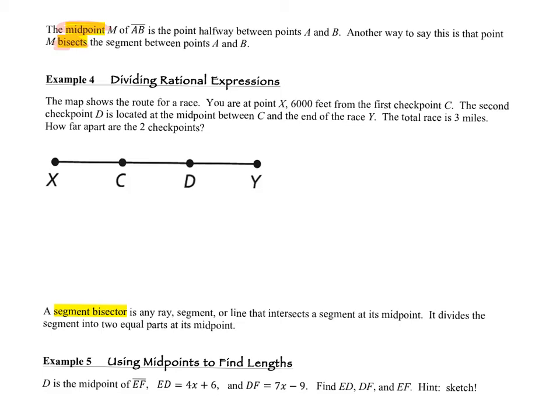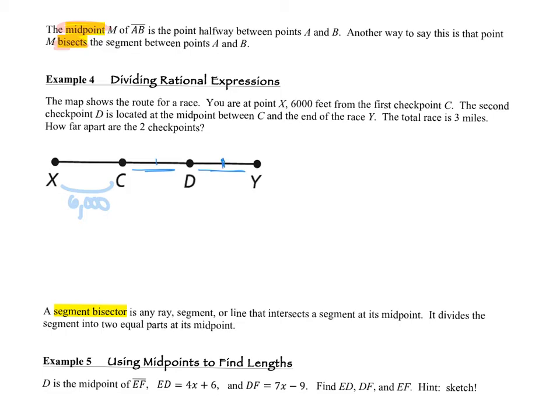Example 4. The map shows the route for a race. You are at point X, 6,000 feet from checkpoint C. The second checkpoint, D, is located at the midpoint between C and the end of the race, Y. So if D is the midpoint, then it's creating 2 equal parts.